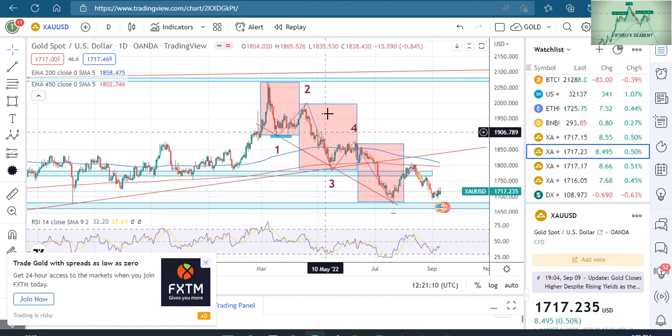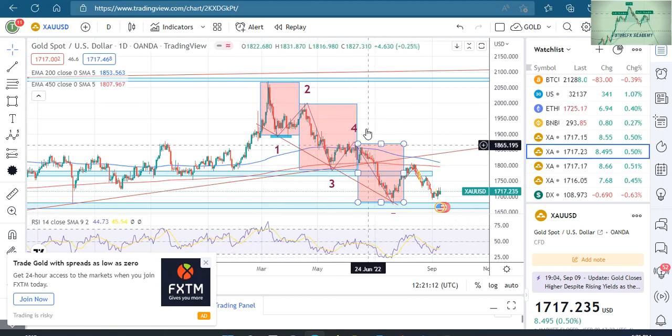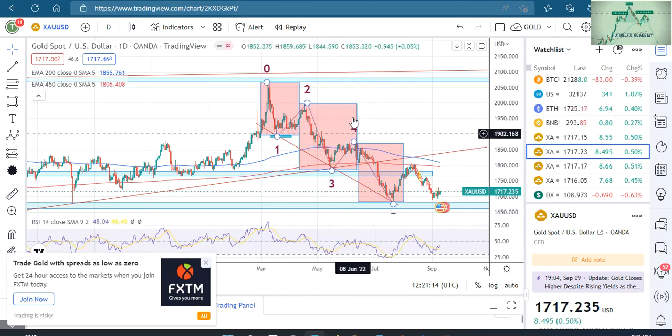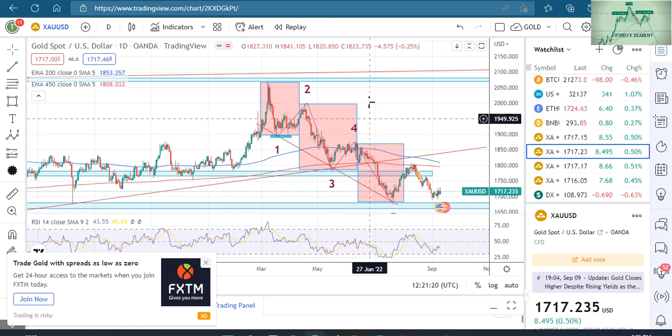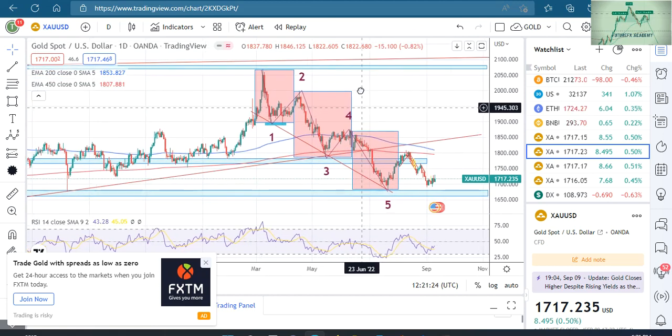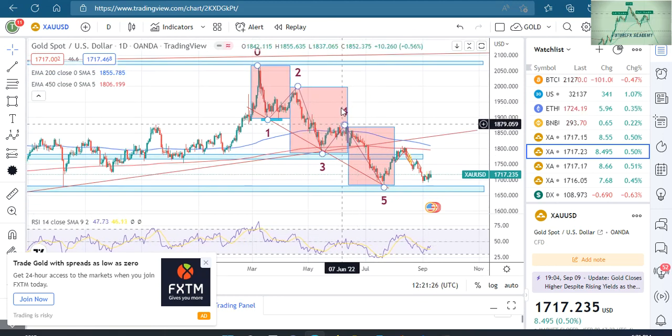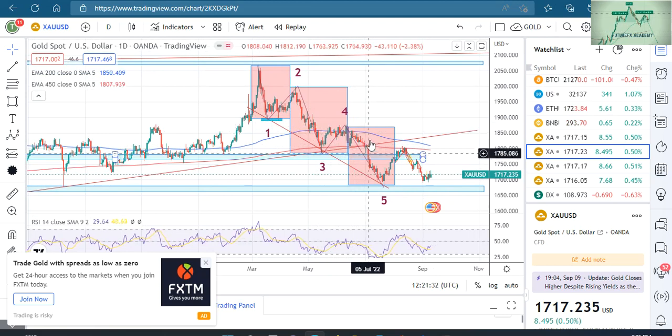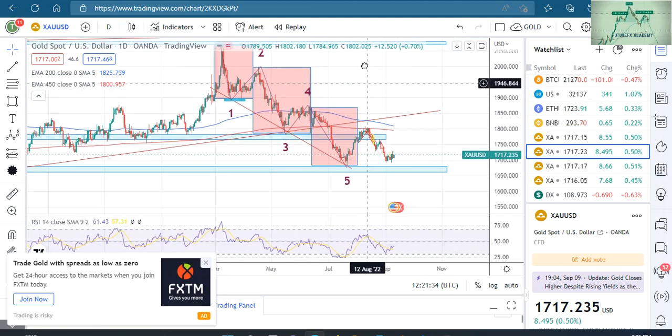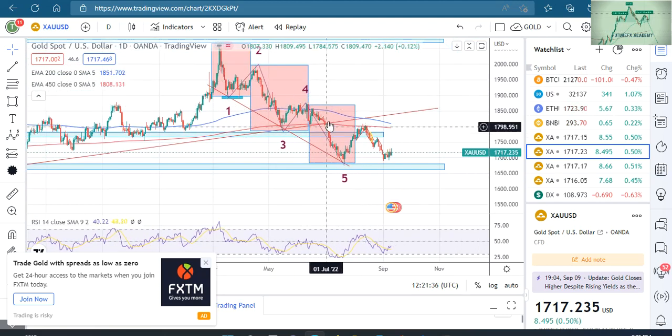And also, if wave four enters wave one, then the wave will be void and null. So wave four did not enter wave one, which means the wave count is valid, and thus we have wave five.